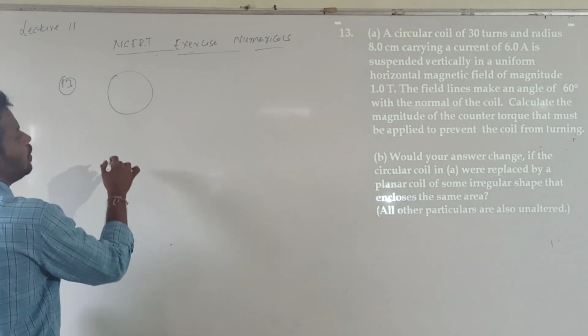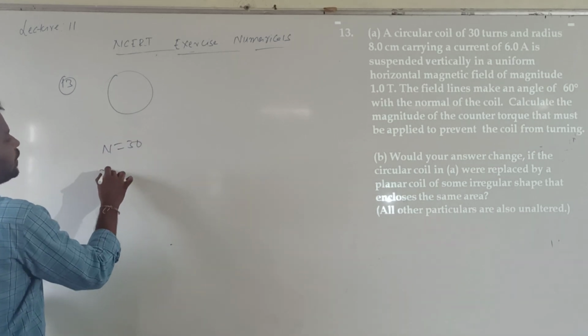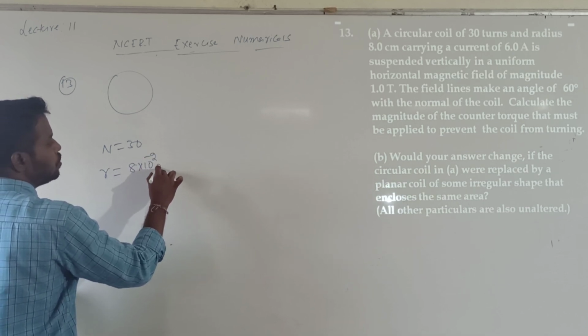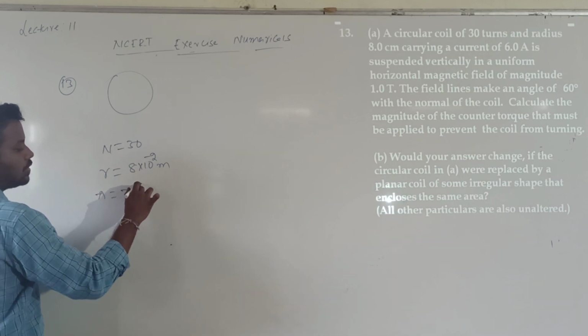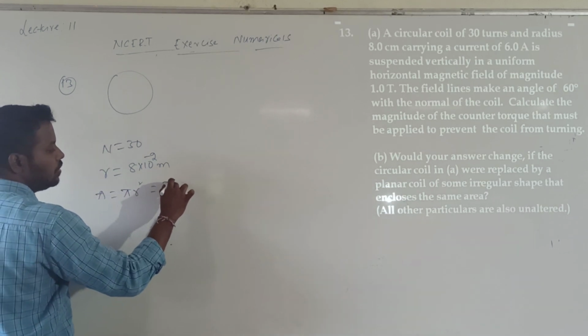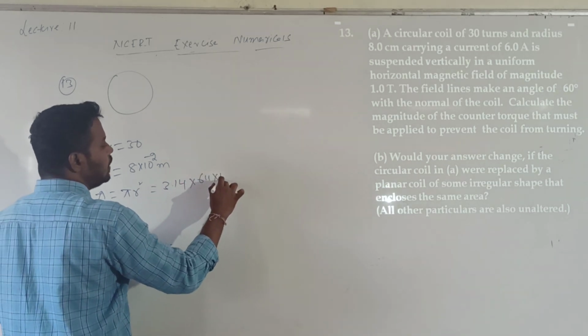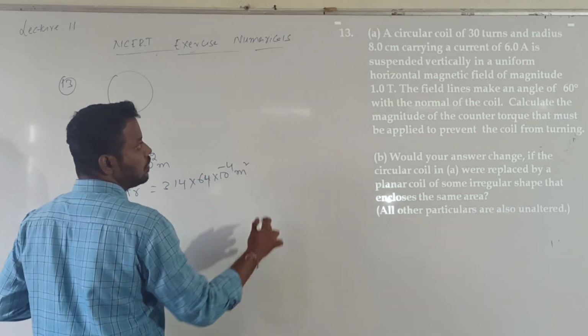That circular coil has number of turns 30 and radius 8 centimeters, 8 into 10 power minus 2 meters. When radius is given, the circular coil area formula is pi r square, where pi is 3.14 and r squared is 64 into 10 power of minus 4 meter square.